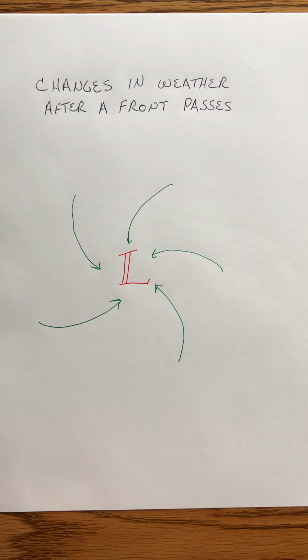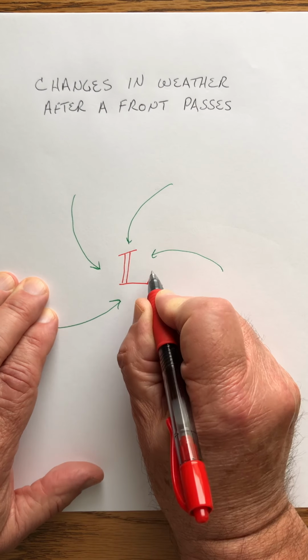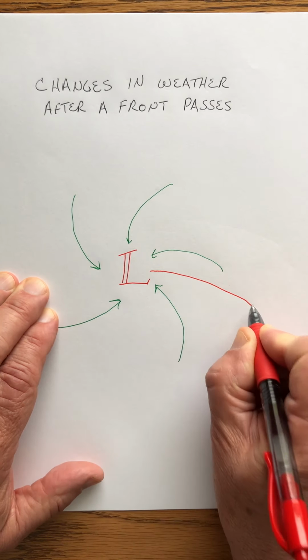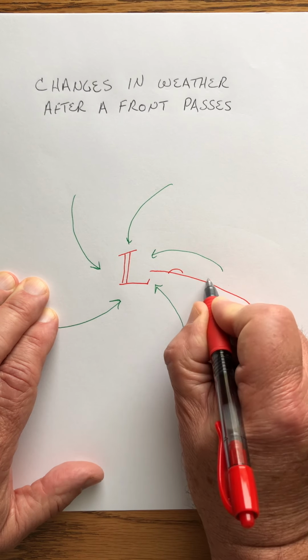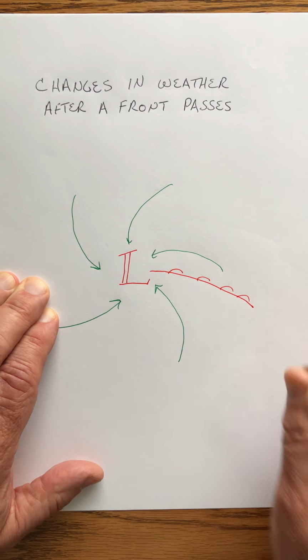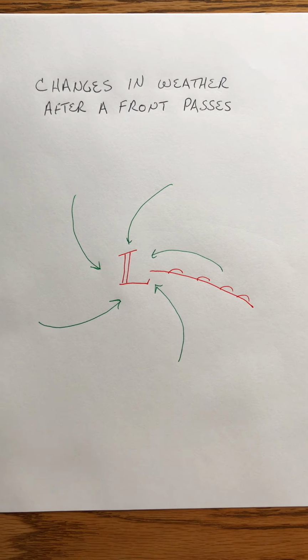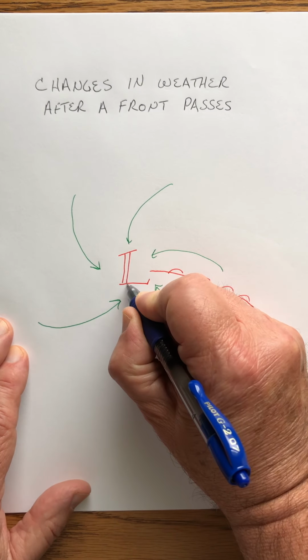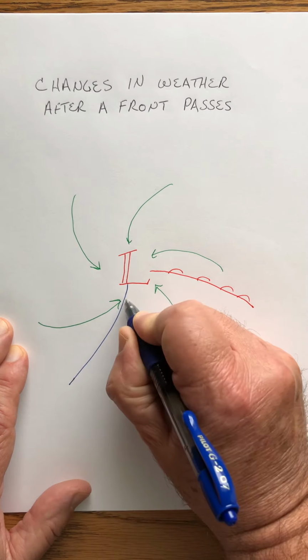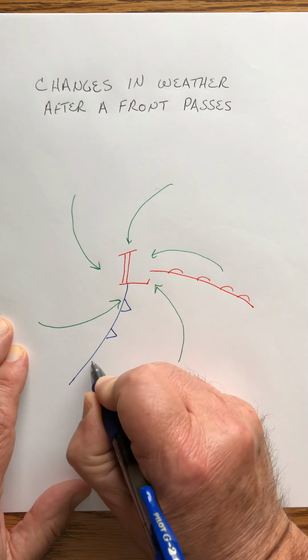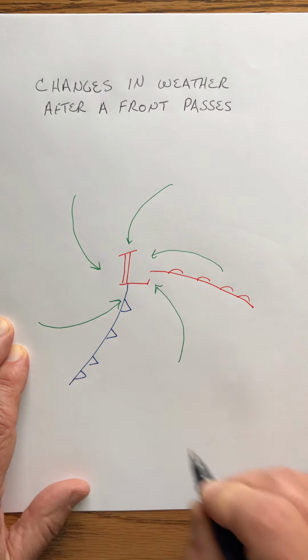Now let's draw in, typically with a low pressure, a warm front that extends out similar to this. And let's put in a cold front that will often flow off toward the southeast like this. So, blue line with blue triangles.